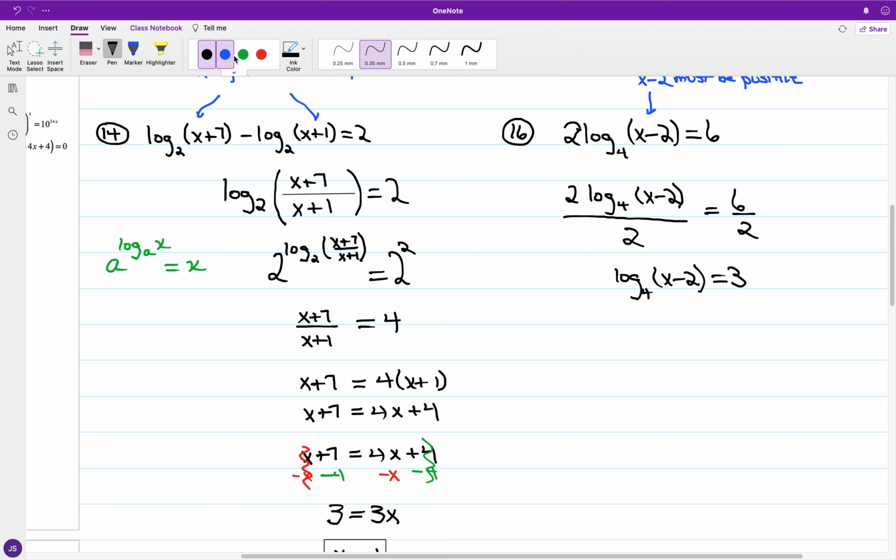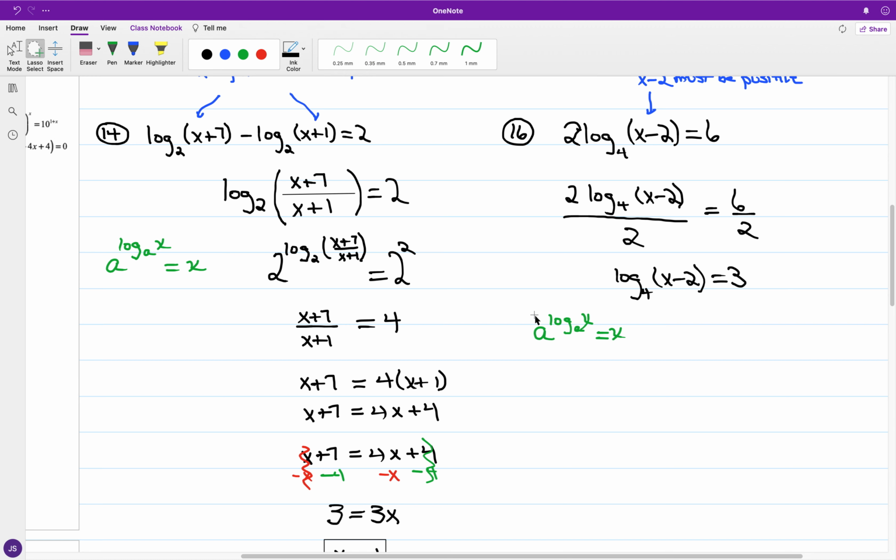So we're back in the situation where we have a single logarithmic term set equal to a constant, kind of like what I had in the second step from number 14. So I can reuse the property where a to the base a logarithm of x is equal to x. The base a is going to be 4, and what represents x is the binomial x minus 2.